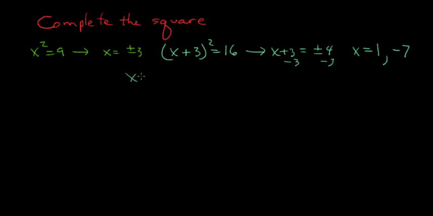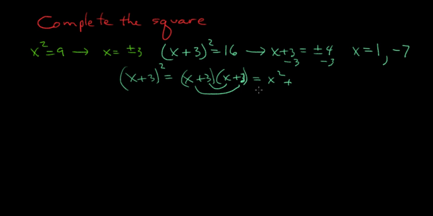Now if you take that x plus 3 squared, that's x plus 3 times x plus 3, right? And that equals x squared plus 3x and 3x, 6x, plus 3 times 3 is 9.